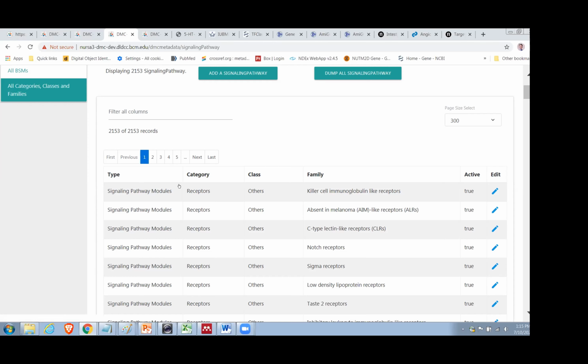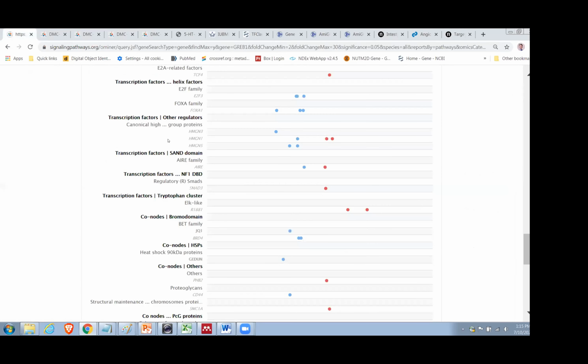And so if you note this 3-level classification here, this is how we organize the regulation reports on the front end. You have the category, and then the class, you have the family, and then you have the specific node.